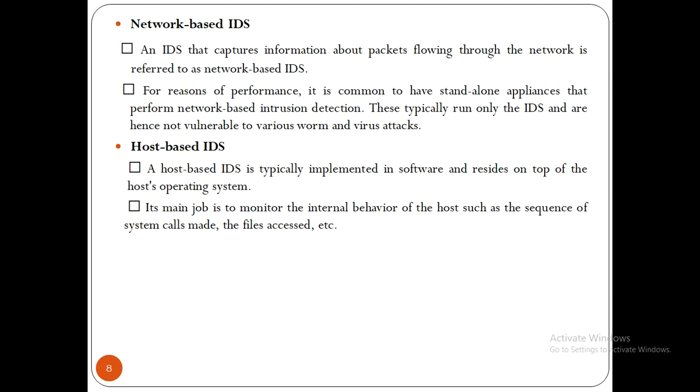Its main job is to monitor the internal behavior of the host, such as the sequence of system calls made, the files accessed, the number of files accessed, etc. For this purpose, it makes use of system logs or application logs and operating system audit trails to identify events related to an intrusion.